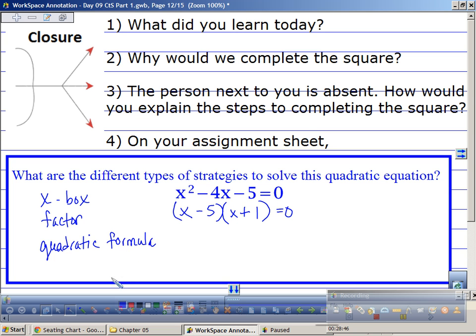What else could I do? Complete the square. What else could I do? Standard form. What do you mean by standard form? It is in standard form. We're missing one. I'm going to say X box and factor is the same thing. What am I missing?